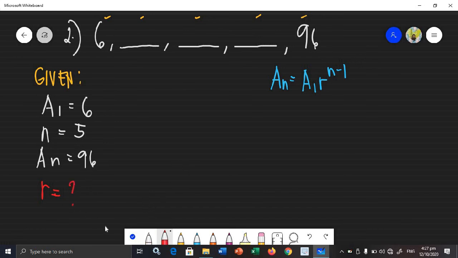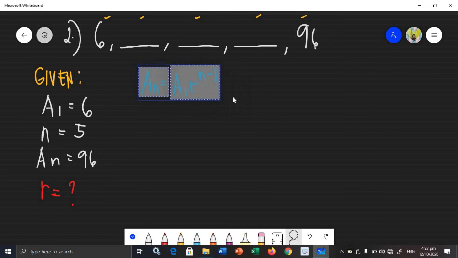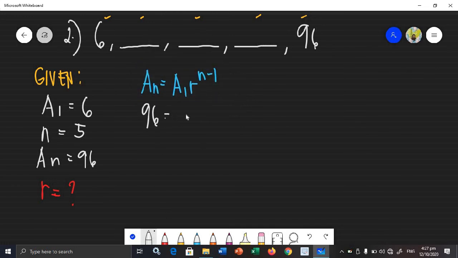Yeah, then we will look for the value of your common ratio. Now that we have our given, we can now substitute them using the formula here. So a sub n is 96, a sub 1 is 6, your r is what we are looking for. So rewrite lang natin yung r. Your n is 5 and then minus 1. 96 is equal to 6r raised to 5 minus 1, that is 4.